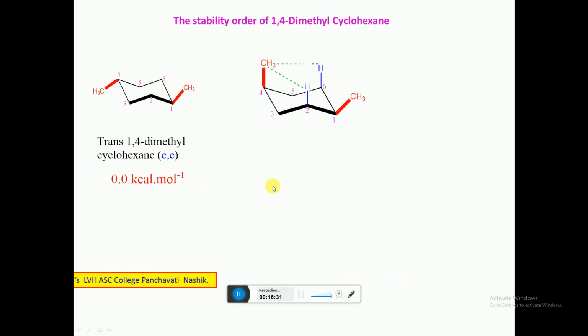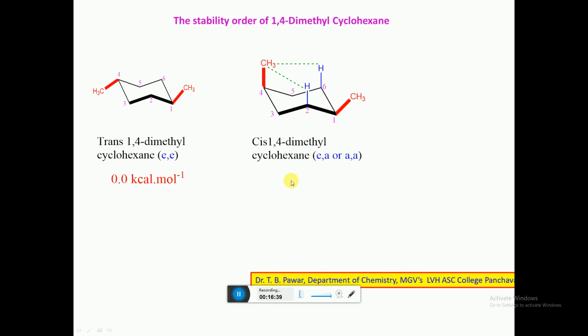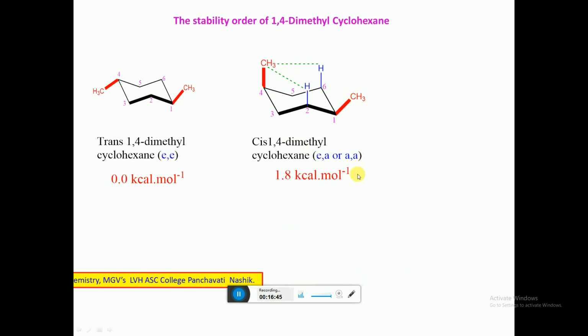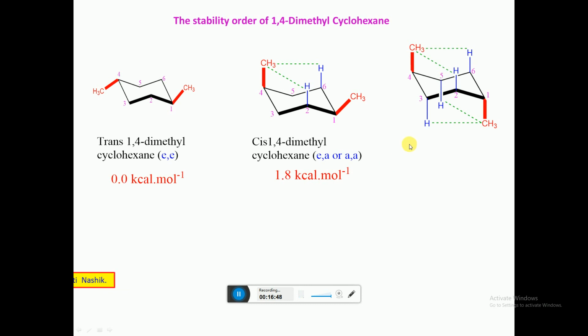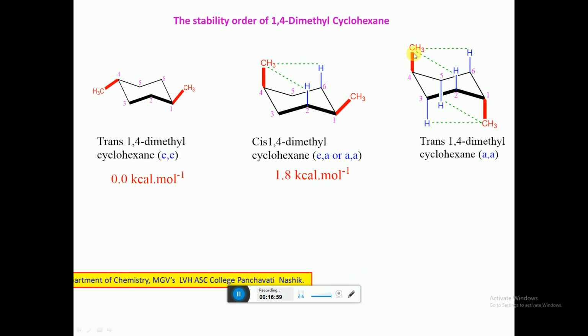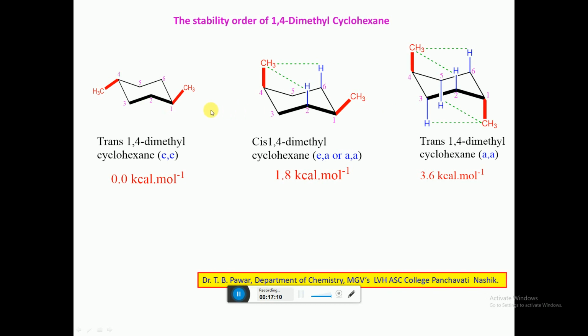Whenever it is the cis form, one axial and another equatorial, or equatorial-axial, the energy is two gauche interactions, 0.9 multiplied by 2, 1.8 kilocalorie per mole. And the last one is trans 1,4-dimethyl cyclohexane with the methyl groups in axial position. Each axial methyl group shows two gauche interactions, total four, 4 multiplied by 0.9, 3.6 kilocalorie per mole. So it is less stable than all other isomers.